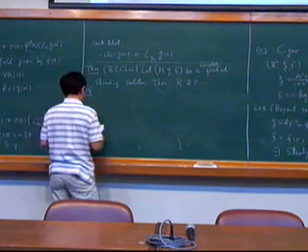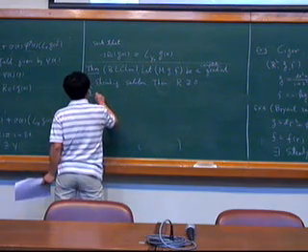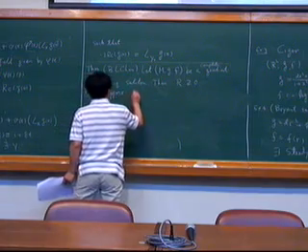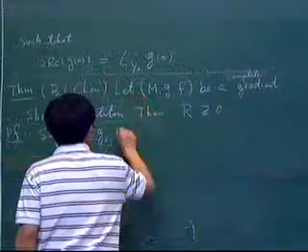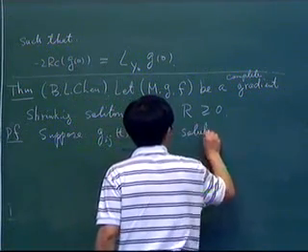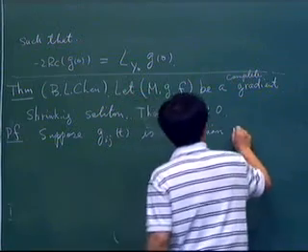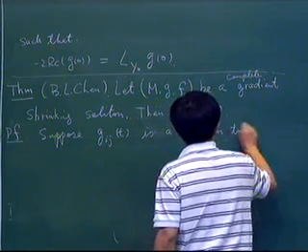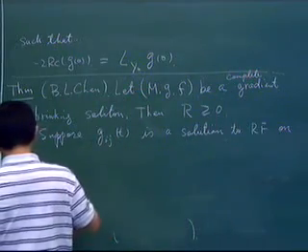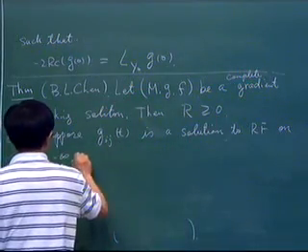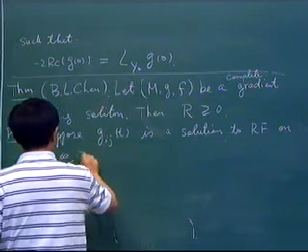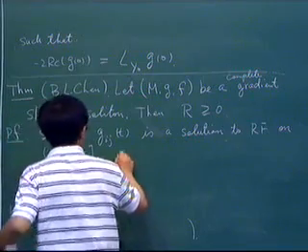So suppose g_ij(t) is a solution to Ricci flow on the time interval, where t is positive.